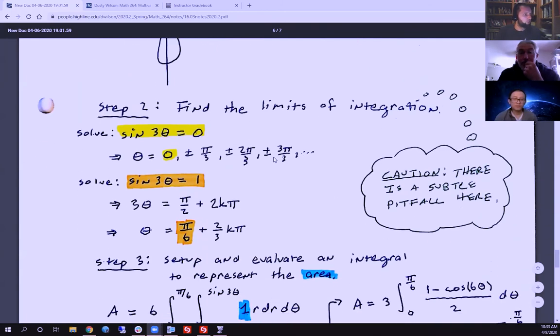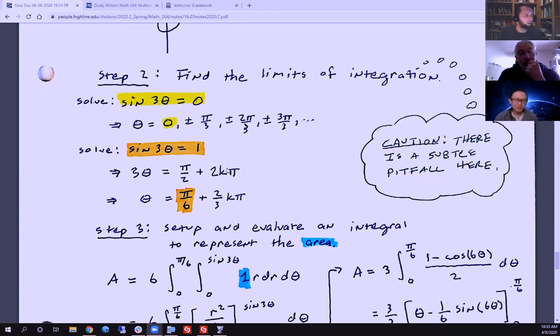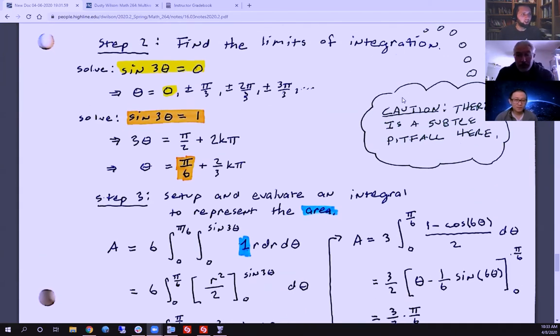Okay, so we found our limits of integration, and we can use this to set up the integral. Notice I have this little caution, and the caution is you just have to be really careful when you're setting up the limits of integration with things that are trig. Because of the periodicity, strange things can happen.